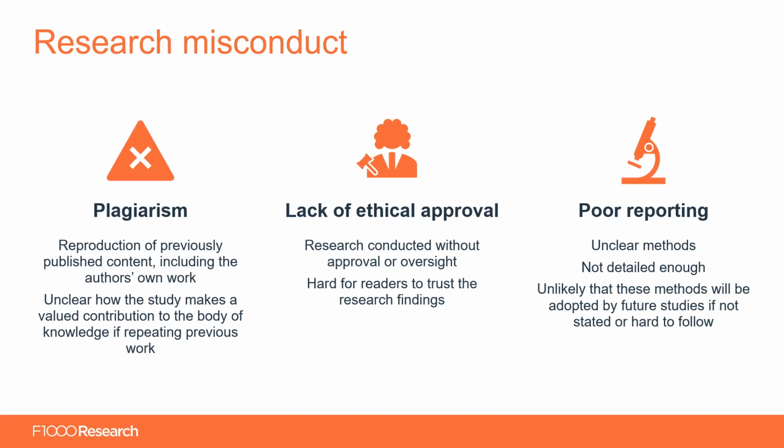For example, a plagiarized article may not make enough of an independent, original contribution to the existing body of research. Also, it's hard to have confidence in the methods and results of a study which does not have ethical approval. And poor reporting will likely mean that the reach and influence of an article is limited. In this webinar, we will explain how our open, transparent model helps to strengthen the integrity of your study.